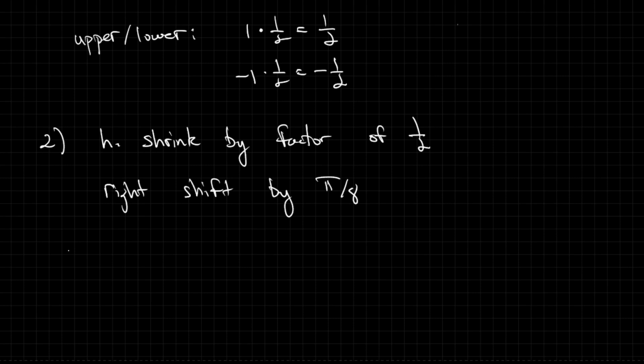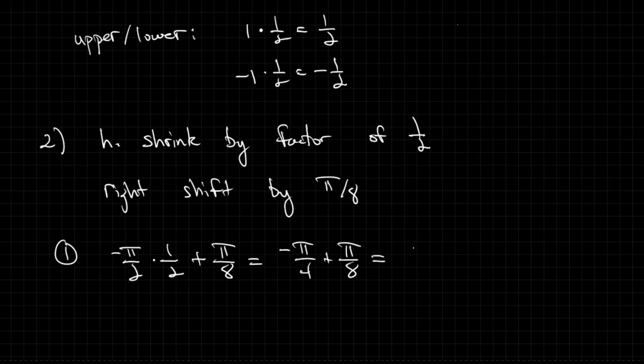So let's take our first and fifth important t values, which correspond to the asymptotes. From the parent, we have minus pi over 2. And we'll go ahead and multiply this by 1/2 and shift it right by pi over 8. And so we get minus pi over 4 plus pi over 8.